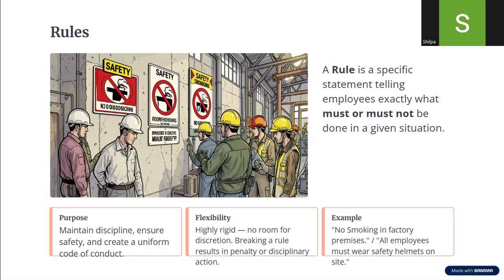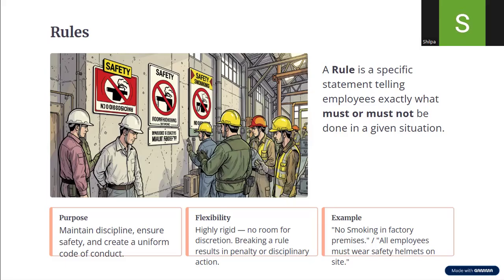So let us have a look at it. The purpose of rules is to maintain discipline, ensure safety and create a uniform code of conduct. Rules are framed in order to create discipline and bring uniformity. Whenever you are in college, all the students have to wear their identity card. There are certain rules they have to follow. For example, whenever you come for an examination, there are rules already given by the examination cell.